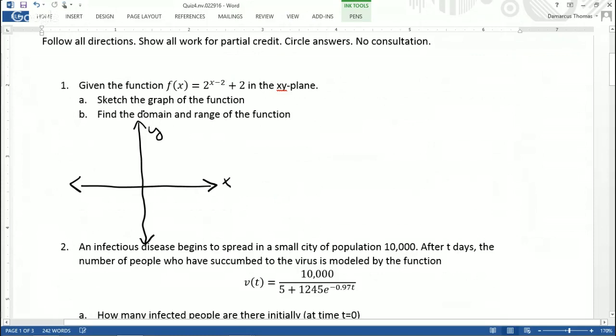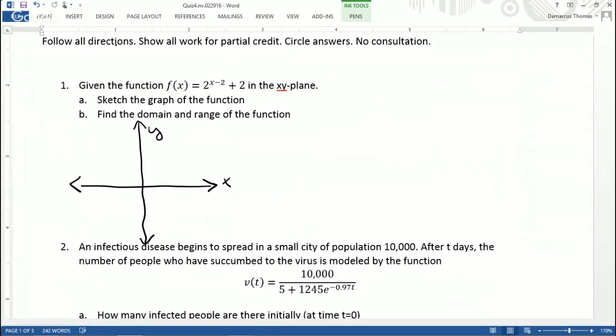Now, usually when you make a sketch of a function, you want to put in any of the asymptotes, if there are any. As you know, exponential functions have a horizontal asymptote.